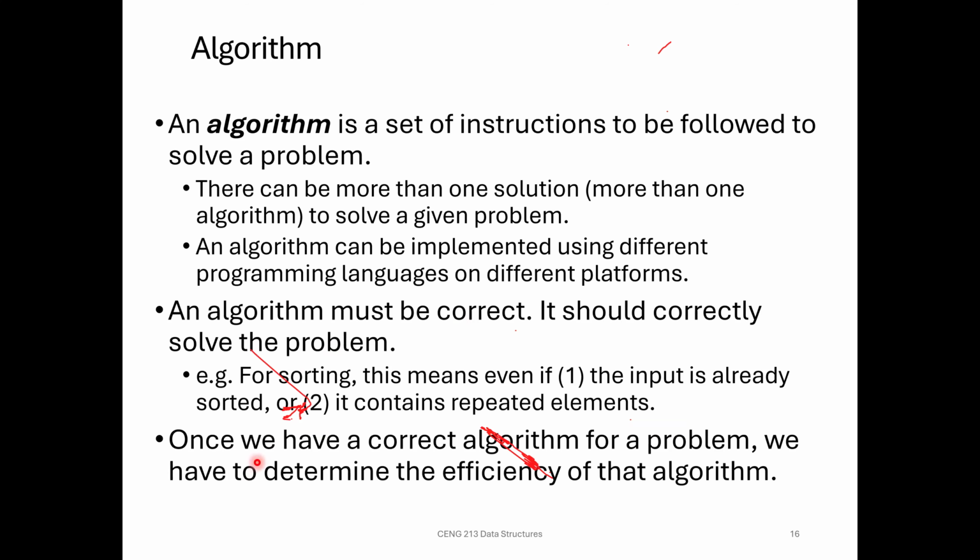But once we have a correct algorithm for a problem, the next thing that we as information technology students do is determine the efficiency of that algorithm. So we are not just talking about an algorithm being correct. We want to also understand how efficiently or inefficiently it is solving the problem.